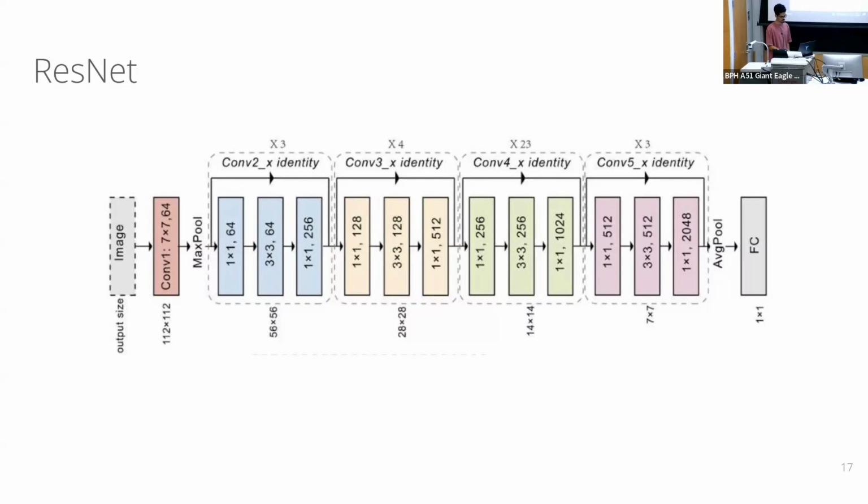So in this case, for ResNet, we had blocks of convolutional layers, and we connect the start of the block to the end of the block using residual connections, in which we add the input of the block to the output generated by the block, and then we pass it on to the network.